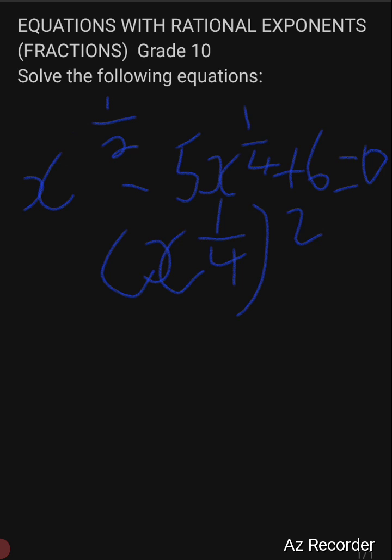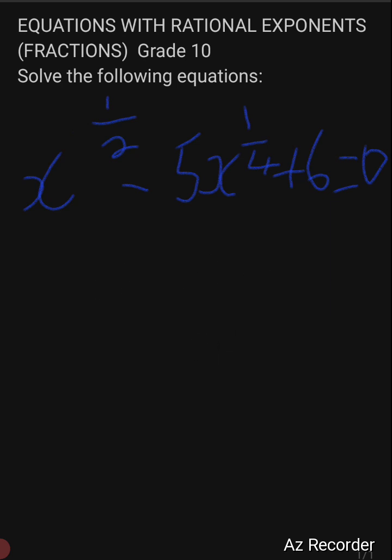Because when you multiply 1 over 4 by 2, that will give you x to the power of half. So that it becomes a quadratic form.